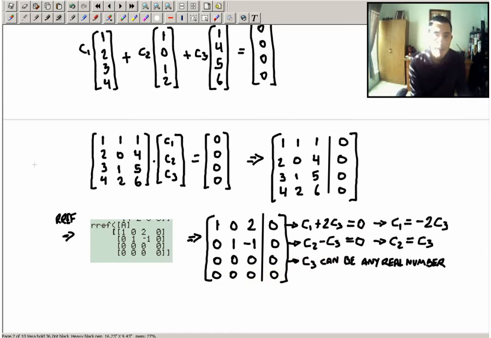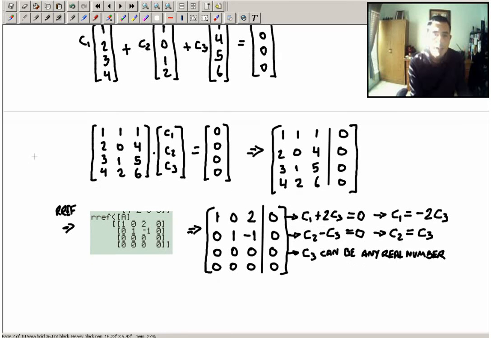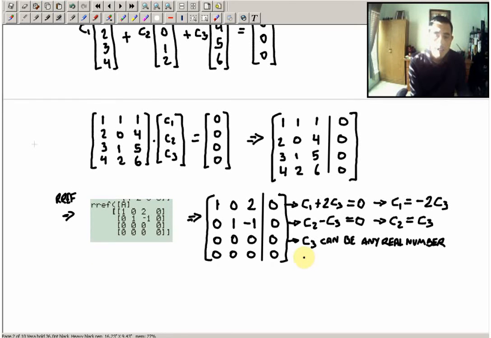Now here it is. Is this the trivial solution? No, because some of the C's could be different than 0. If I pick C3 equals 1, then C2 would be 1, and C1 would be negative 2. So there are infinitely many solutions.